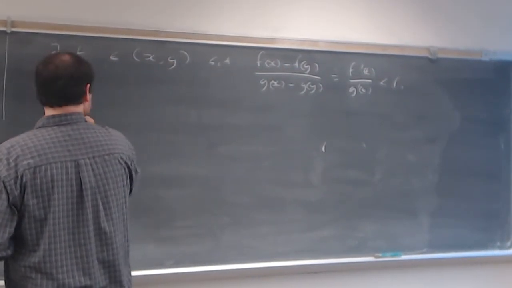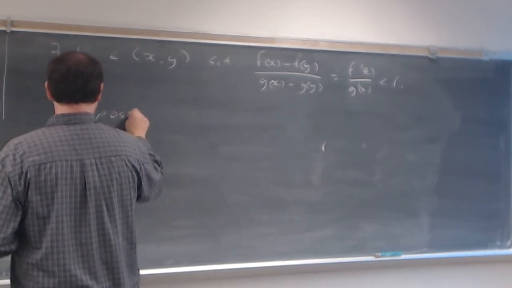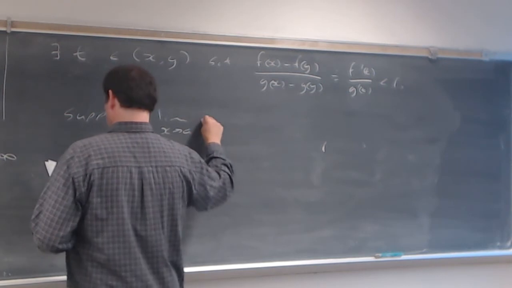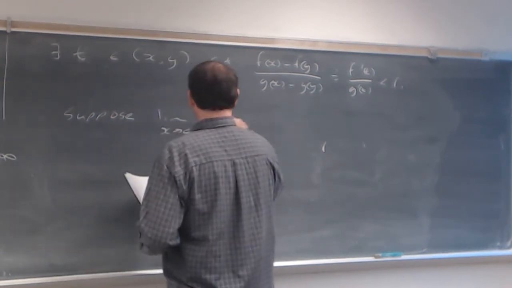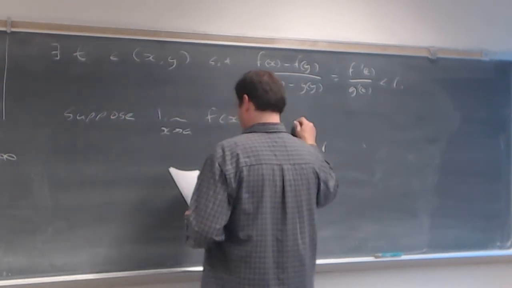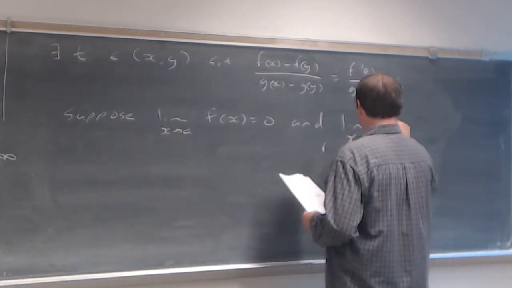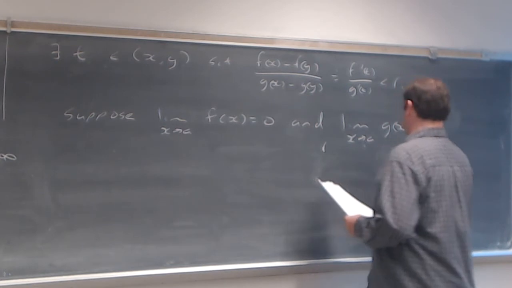Let me write that down. Suppose the limit as x goes to a of f of x equals 0, and the limit as x goes to a of g of x equals 0.